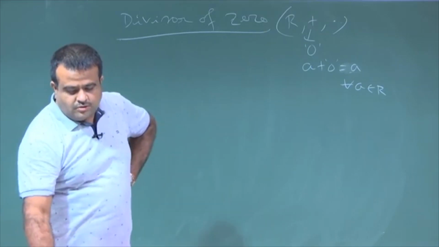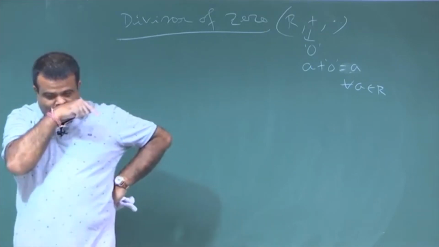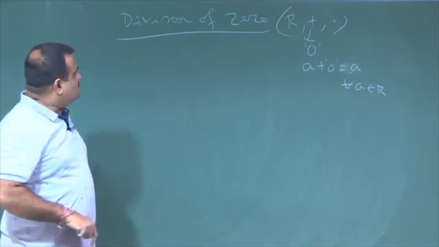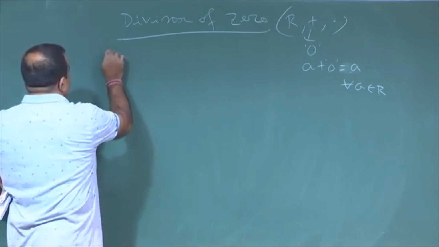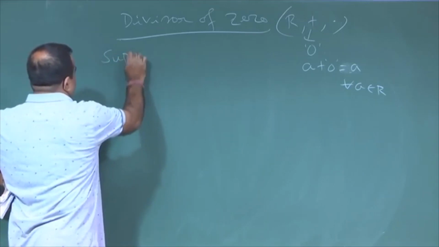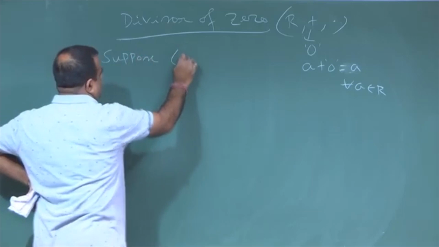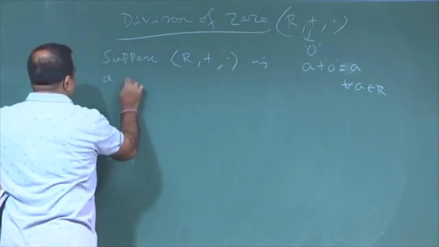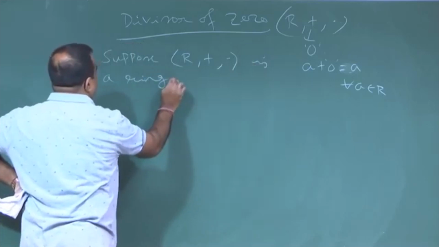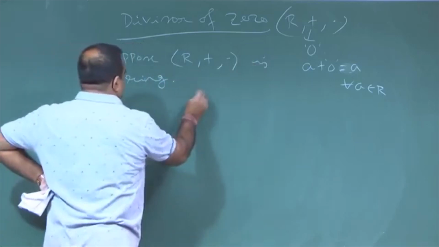Okay. So suppose you have a ring R, a non-empty set. This is the definition of the divisor of 0.